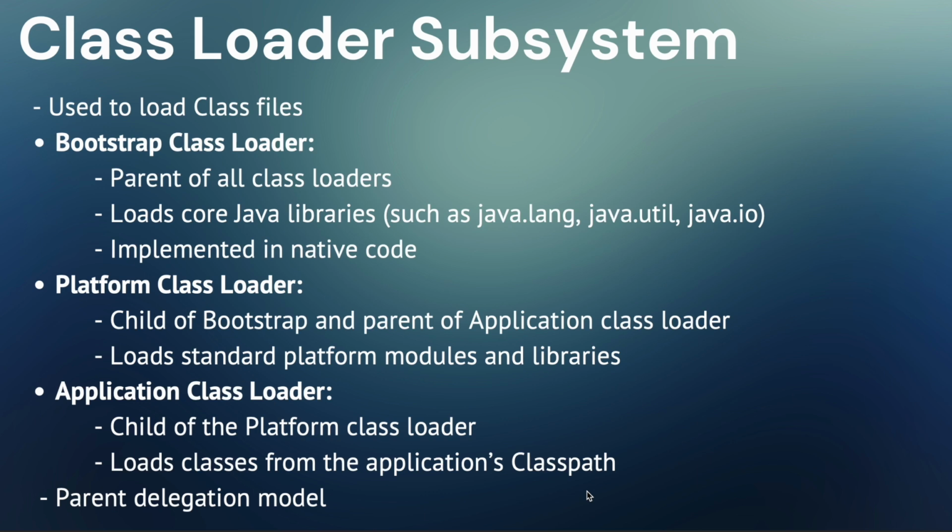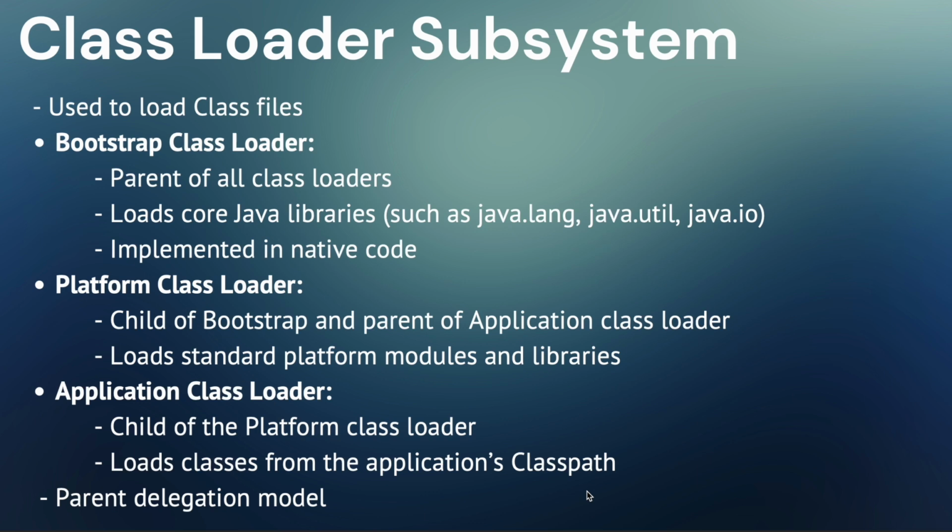If you are learning from Java 8 or older resources, you may see it referred to as the extension class loader. Finally, we have the application class loader. This is the one you will interact with the most because it loads the classes that you write in your own project.